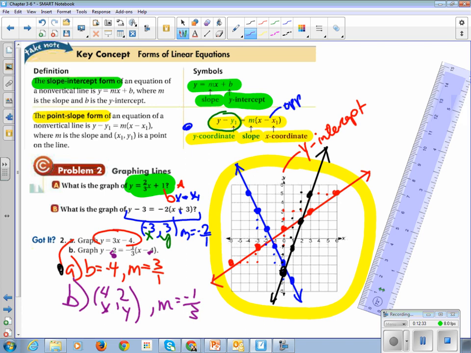Okay, so let's find that coordinate. We've got to find 4, 2, so 1, 2, 3, 4, up 2, that's right here. And we are going to go down 1 over 3. I'm going to fudge this point a little bit because it's off my graph. So I ran out of graph, I'm going to follow that same pattern backwards. I'm going to go up 1, back 3.